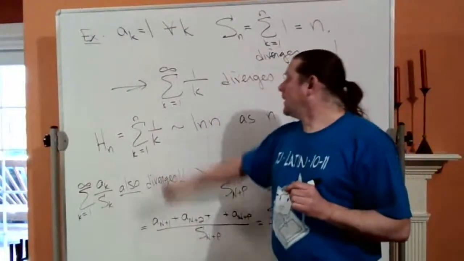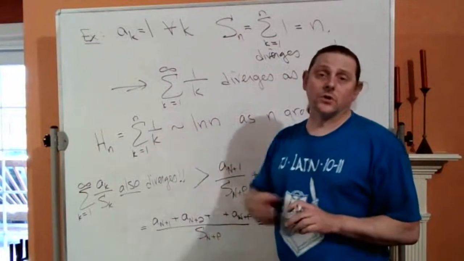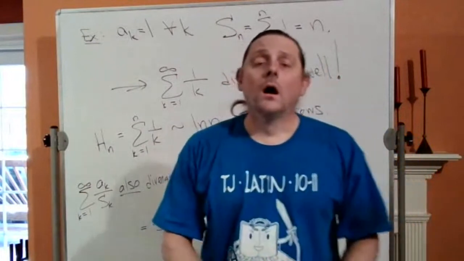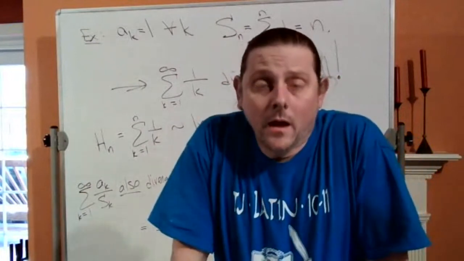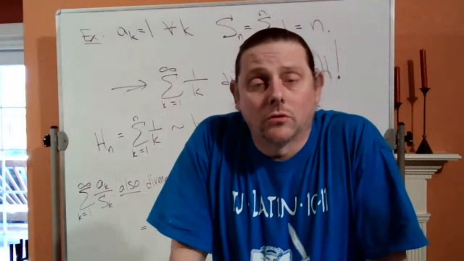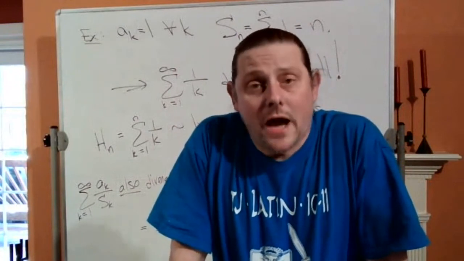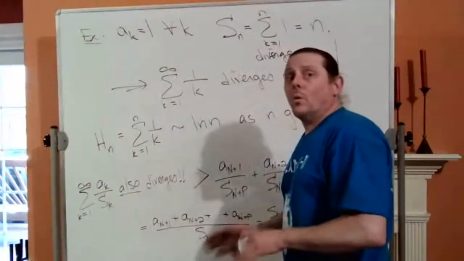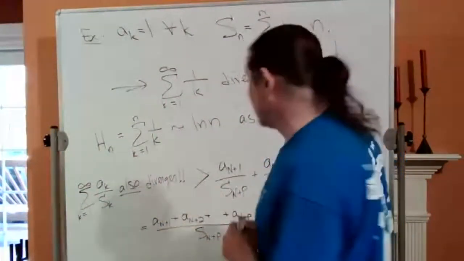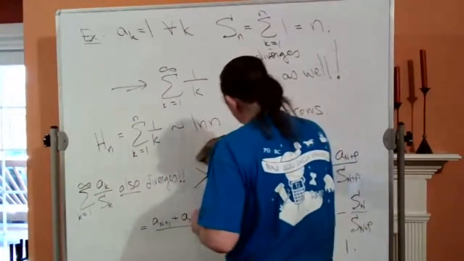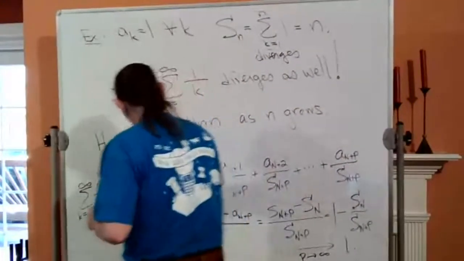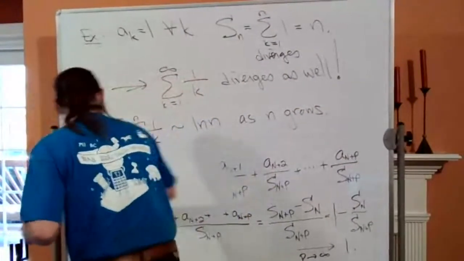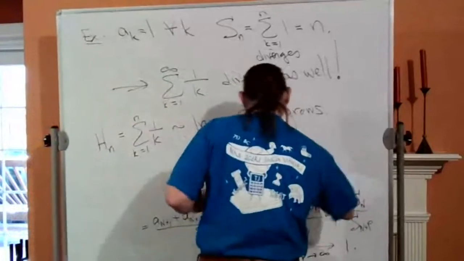So the sequence of partial sums of 1 over k behaves like a natural logarithm. So the divergence of the harmonic series will then imply the divergence of this new series.